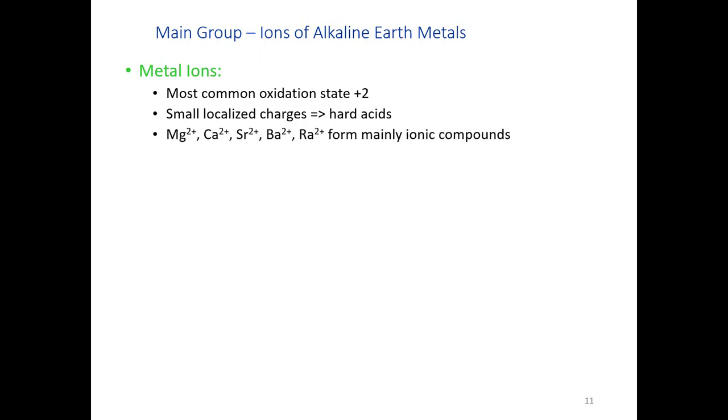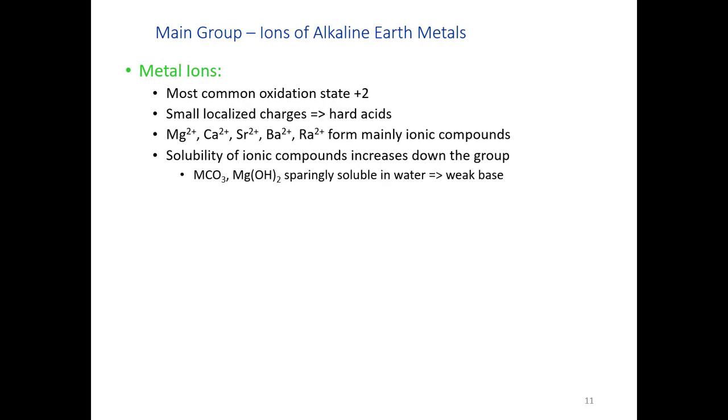All of the group 2 metals, except beryllium, form mainly ionic compounds, the solubility of which increases as the cations get larger. Overall, though, almost all of the carbonate salts of group 2 metals are insoluble, as is magnesium hydroxide. Because magnesium hydroxide is so insoluble, it's actually a quite poor base, despite what you would initially probably have guessed.